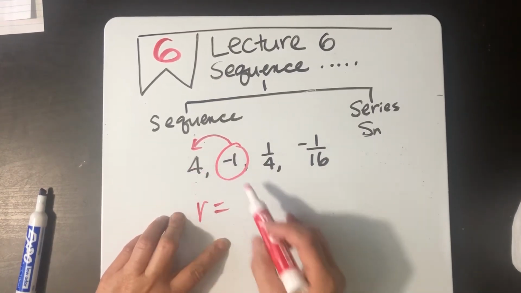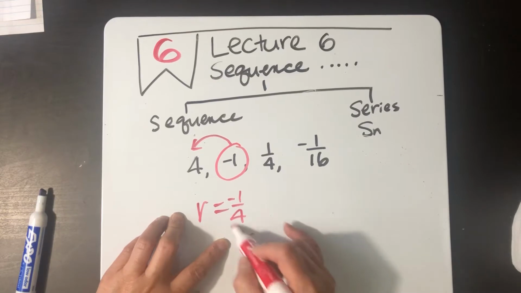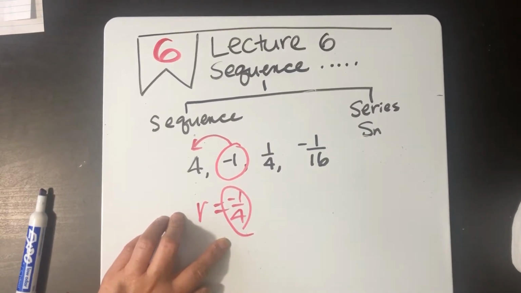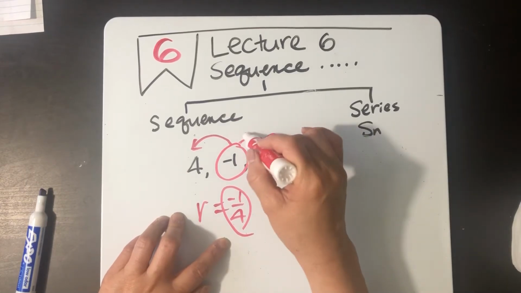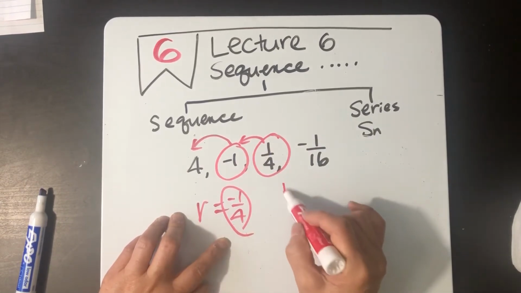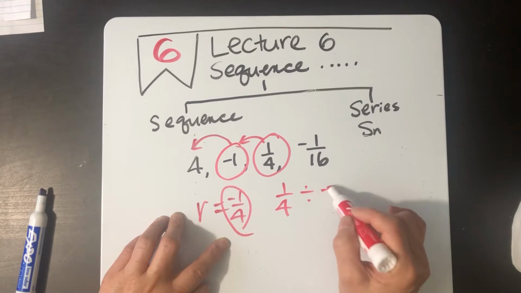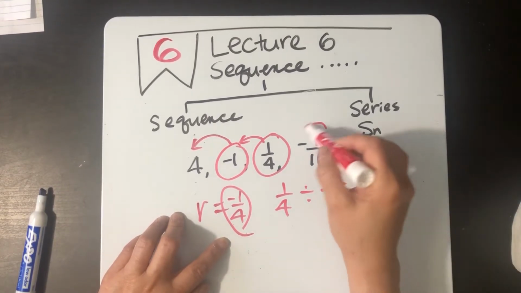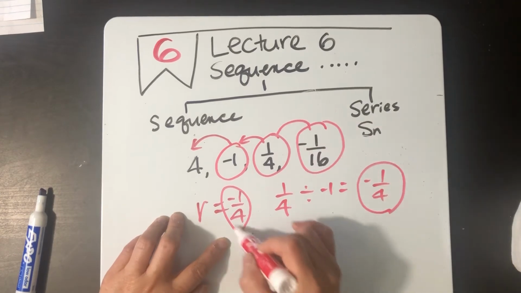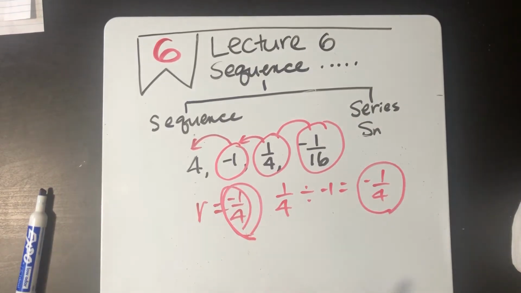So negative 1 by 4 is negative 1/4. So the ratio is negative 1/4. But is it true here? Well, let's find out. 1 over 4 divided by negative 1 is still negative 1/4. Same thing. That's why we need to know this.